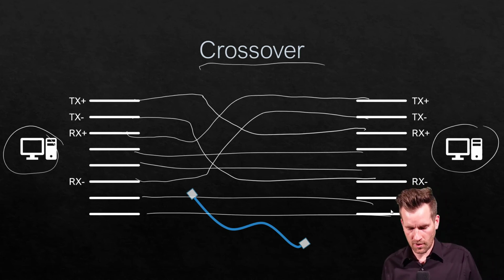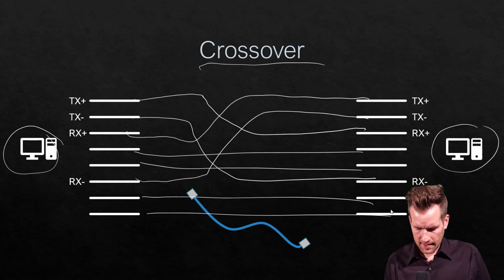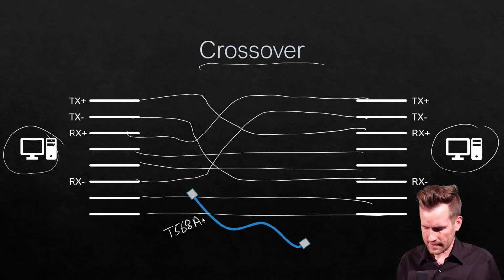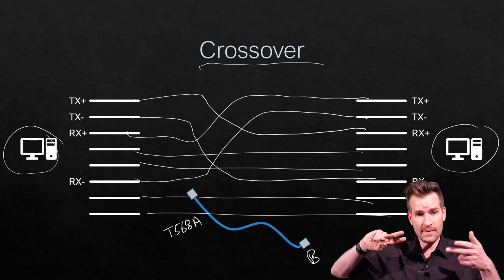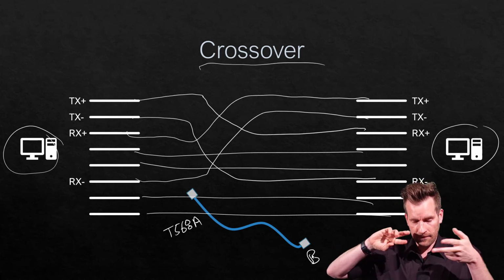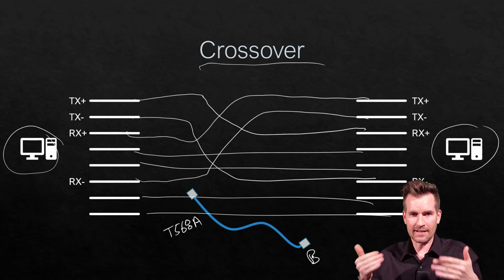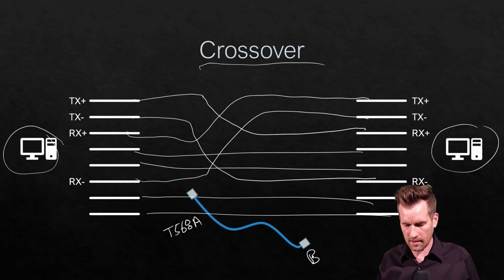So we just cross that over. So a crossover cable is when we have a T568A on one side and a B on the other, and the transmits and receives are flipped around. So now these 2 devices can talk to each other. So that's where you use a crossover cable.